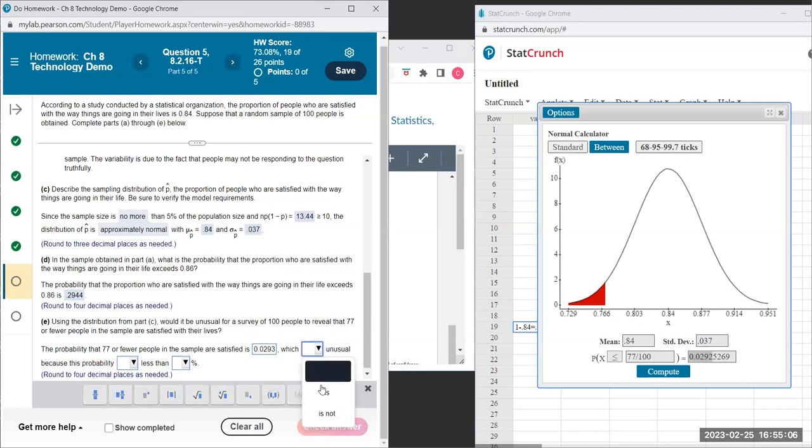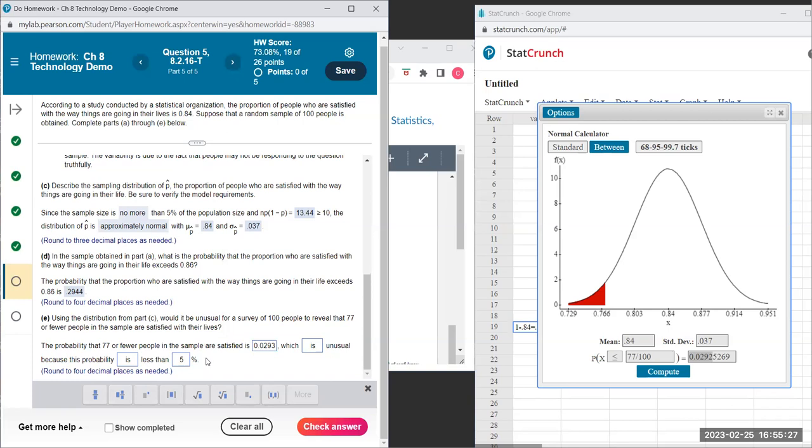In this case, I'm going to say it is unusual because this probability is small. It's less than 5%, which is what statisticians consider to be unusual. Now, if this percent sign was not here, then you would use 0.05 as a decimal instead of as a percentage. So be careful, because some problems will want the 0.05 and some problems want the 5%.